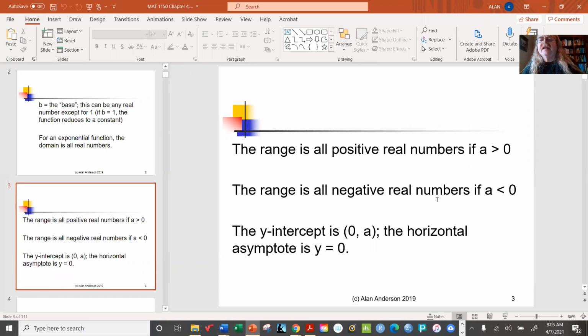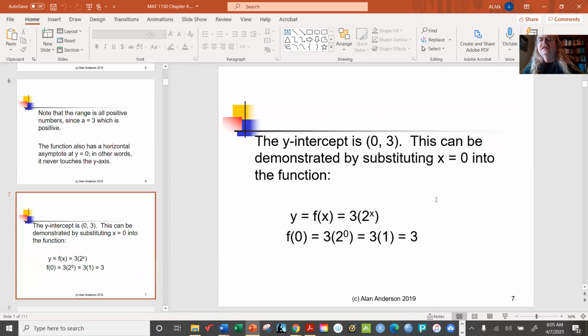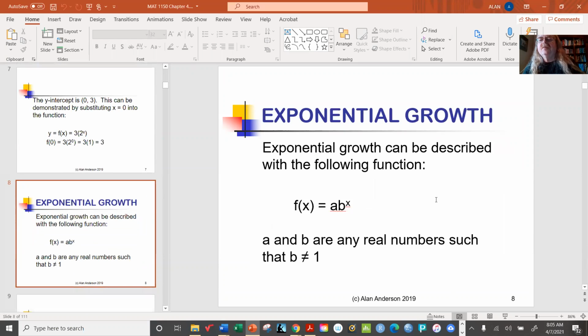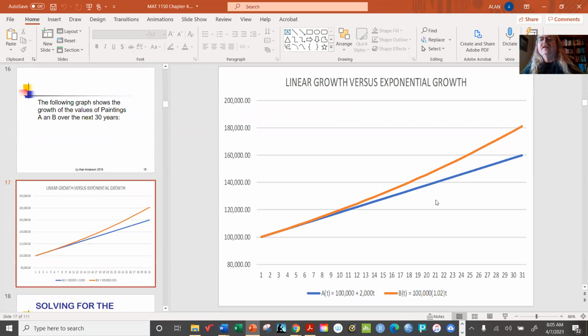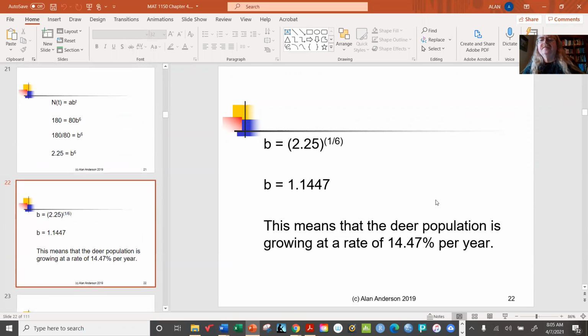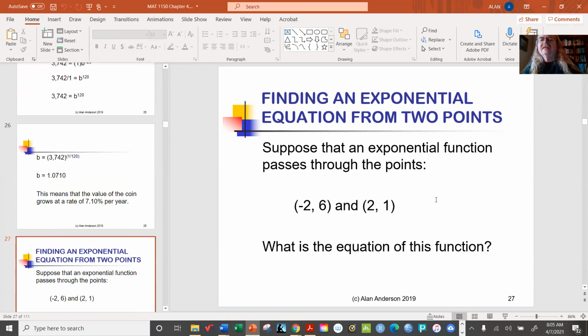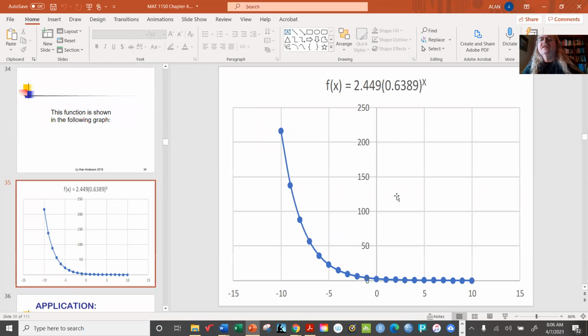And then if a is negative, I think we have an example of that here. If not, we can go to Symbolab and look at one. I think we have one here that illustrates decay of a radioactive element. Where is that? No, that's not it either.